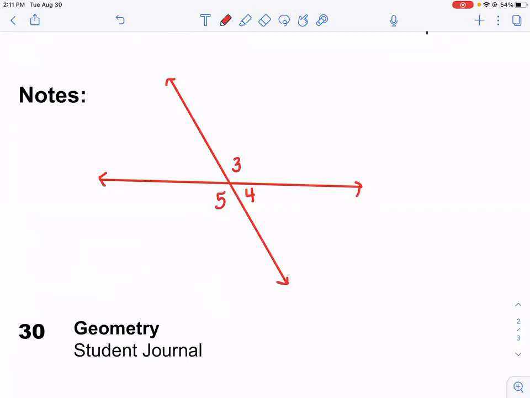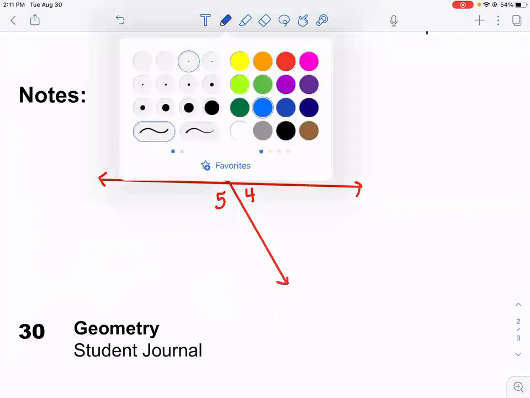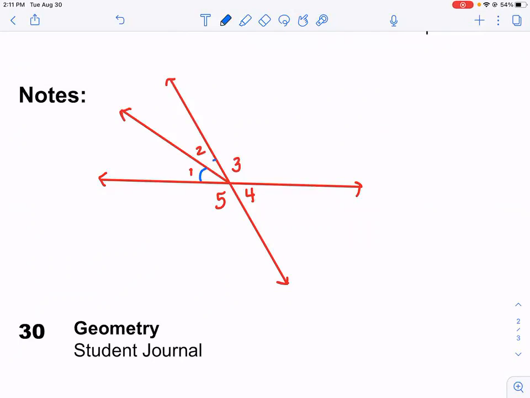And then in the blank angle, we're gonna have angles 1 and 2, which I am going to mark as congruent. Okay, I went ahead and labeled some points A, B, C, D.